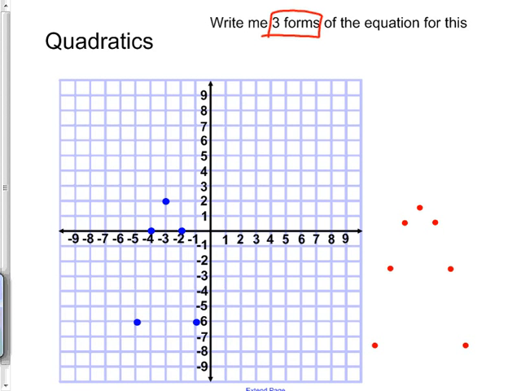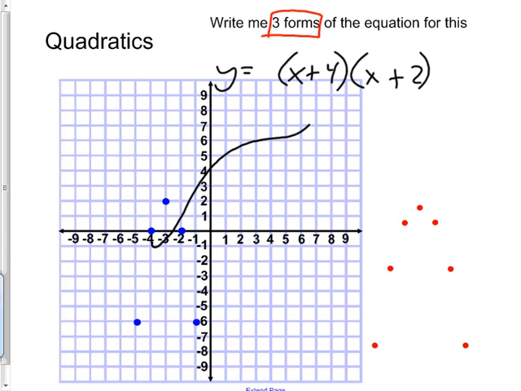Okay. Hopefully you notice you have the 2 parentheses just like before, and you have an x plus 4 and an x plus 2, because this negative 4 here needs to solve this, so I need it to be positive 4. So when I put the negative 4 in right there, it'll make it 0. That's why they call them zeros.